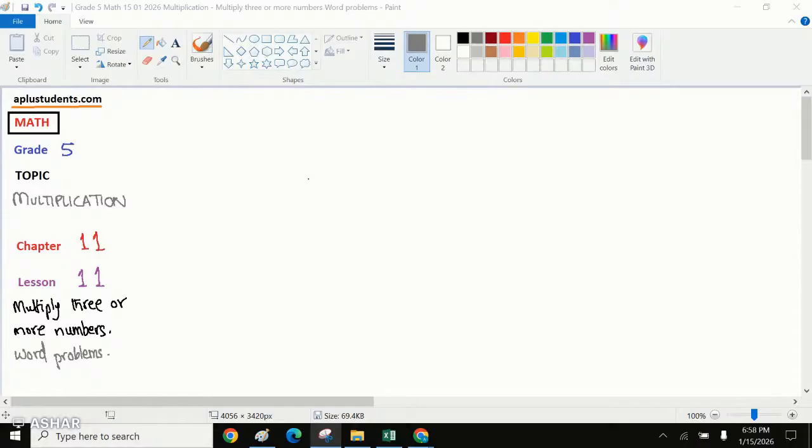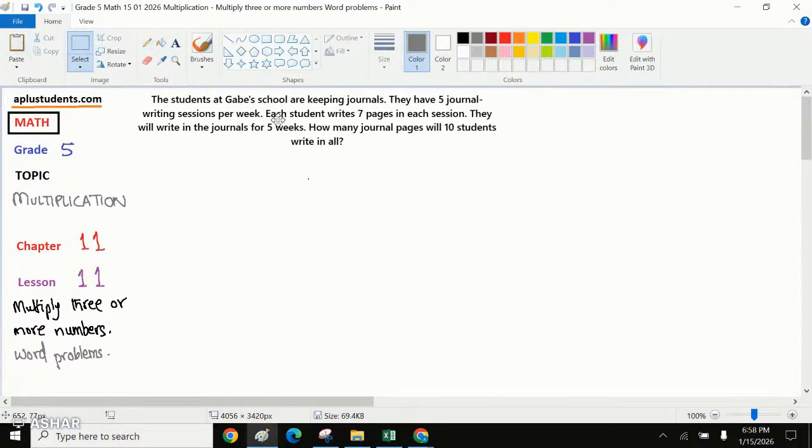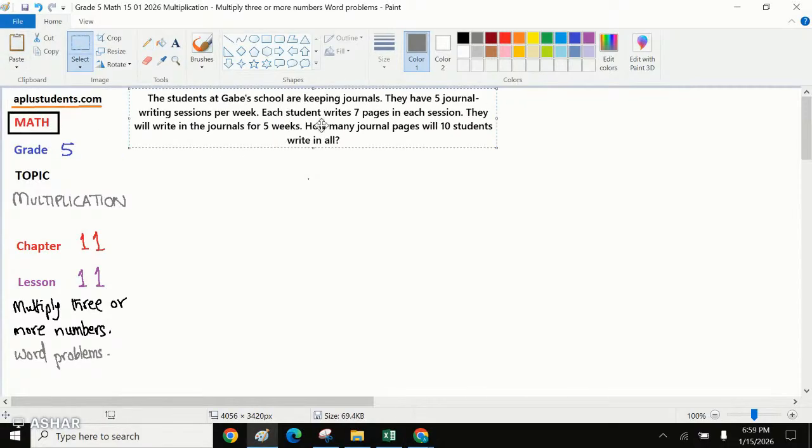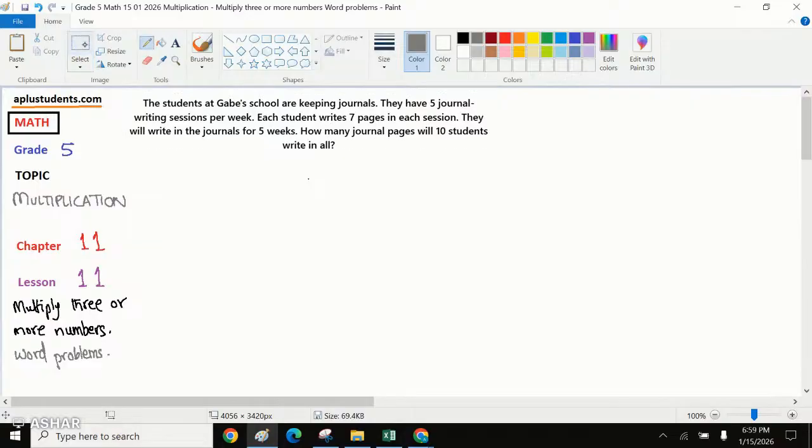The most important thing in a word problem is you need to highlight the information that is being given to us. So if this is the question given to us, let's read the question together and let's see what they're asking us to do.